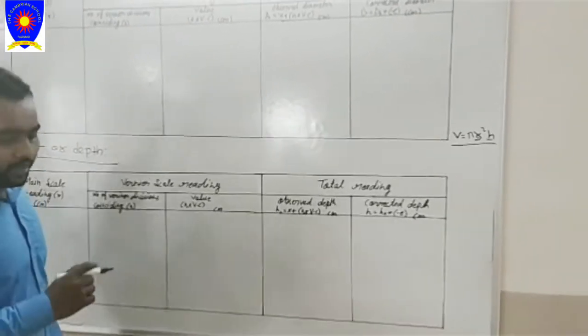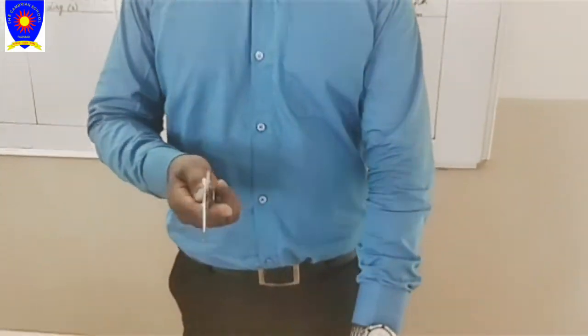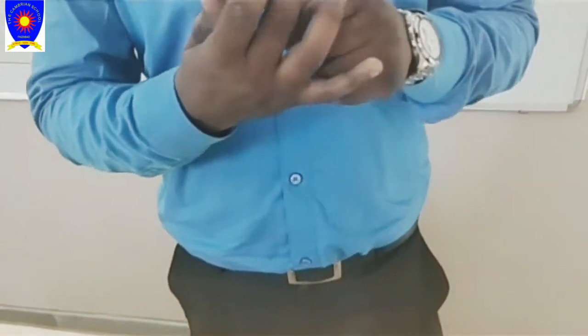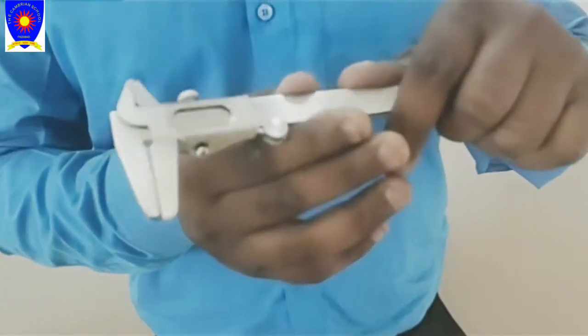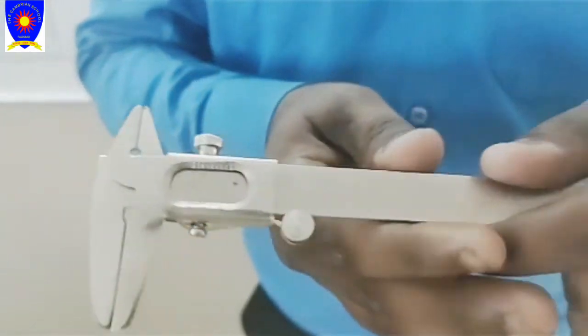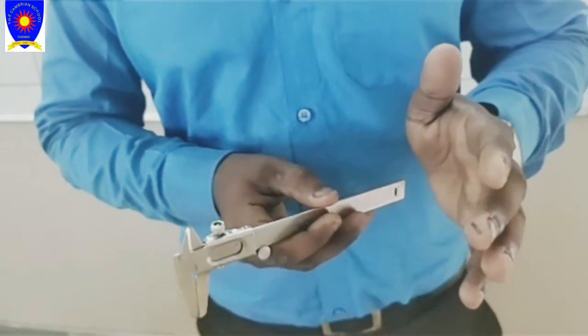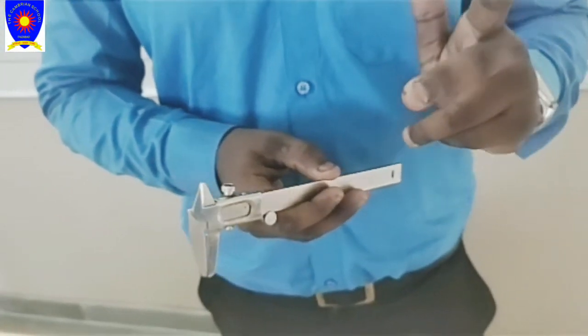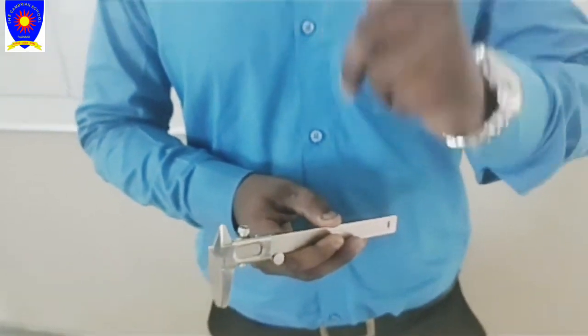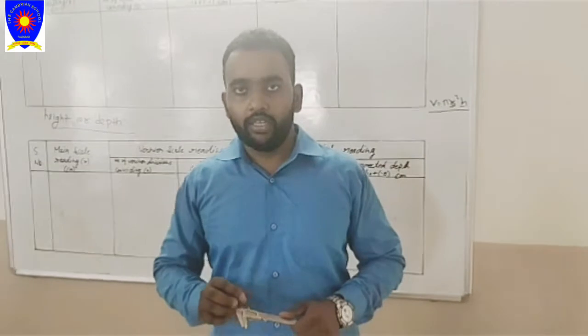Firstly, we should know how much error there is in this vernier calipers. In the previous video, we learned that there are two types of error, positive error and negative error, and we also know how to correct them.